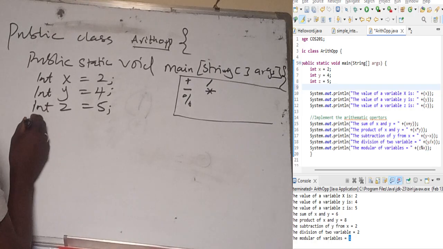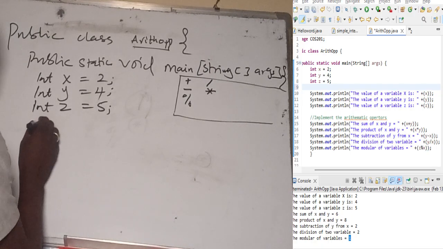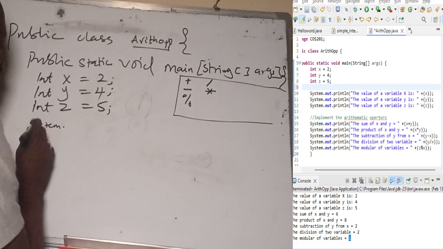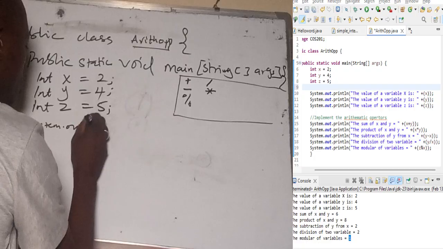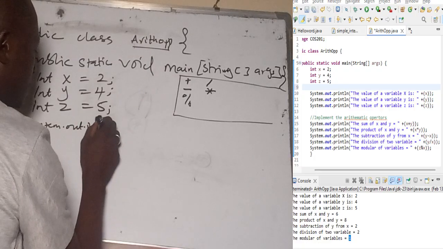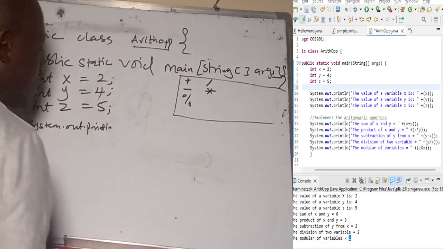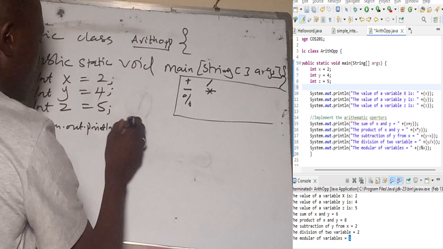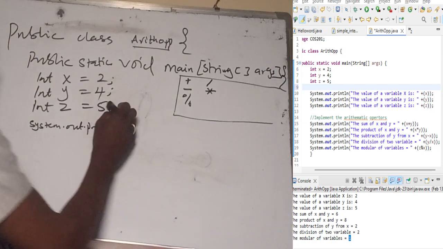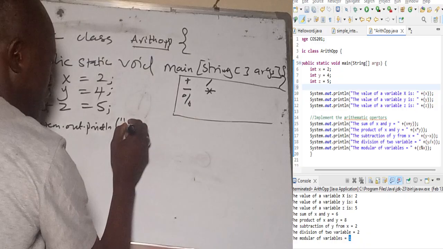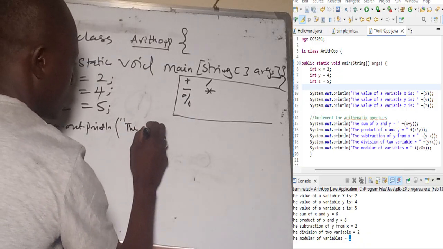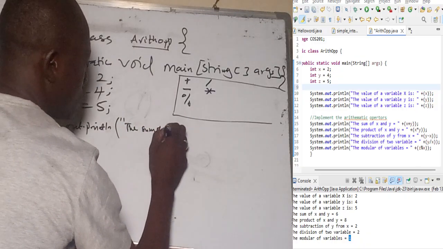So here we want to use System.out as the output function. System.out.println, and here we can say we are having a string inside: "The sum of two numbers".